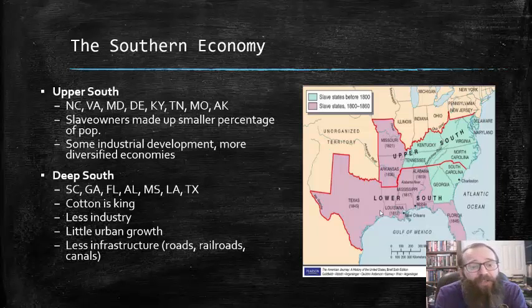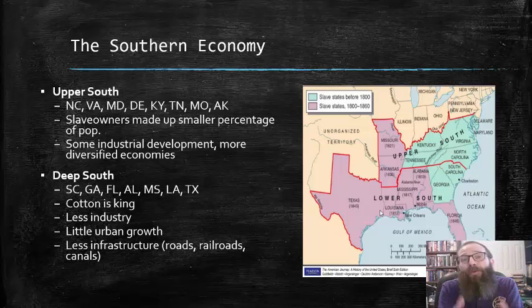It had less industry. There was little urban growth outside of the small urban centers like Charleston and Savannah and New Orleans. There was less infrastructure, less roads, less railroads, less canals.